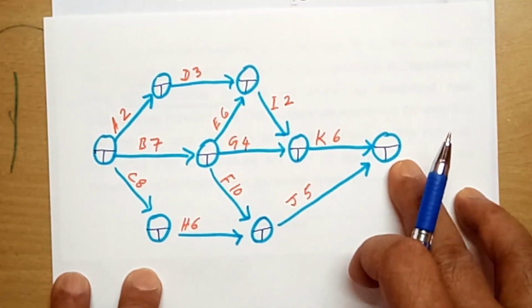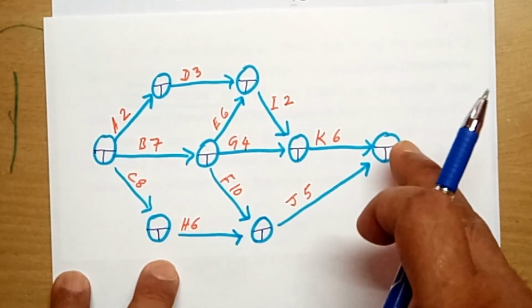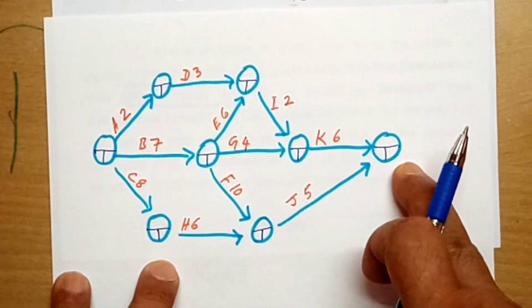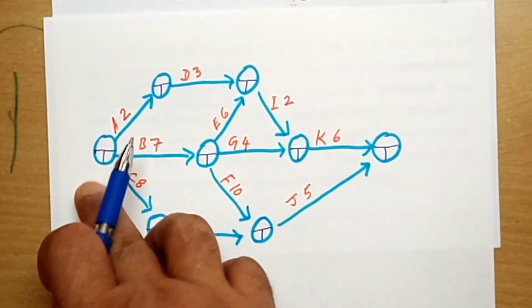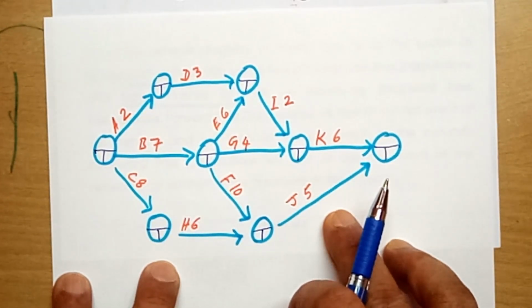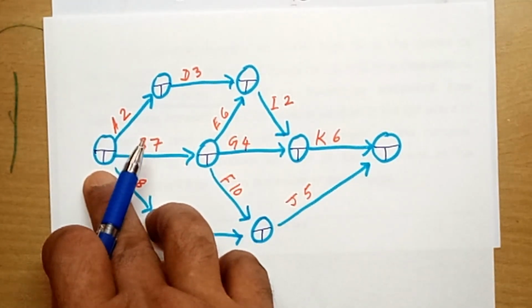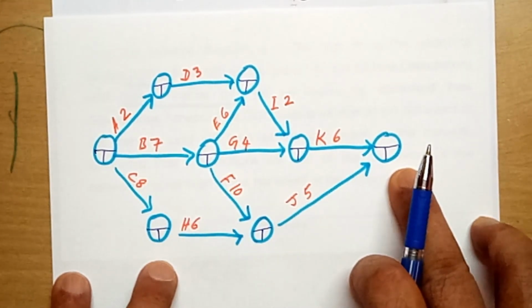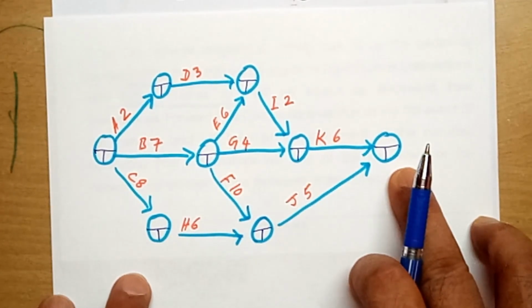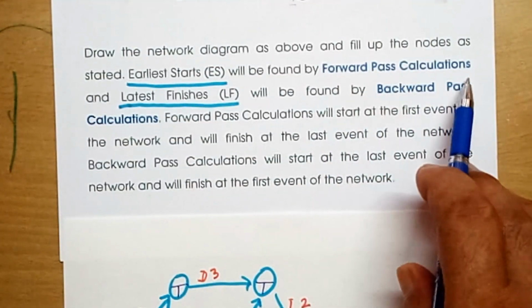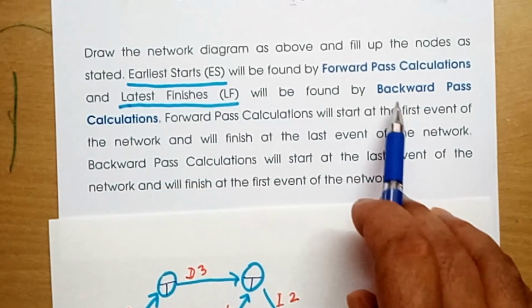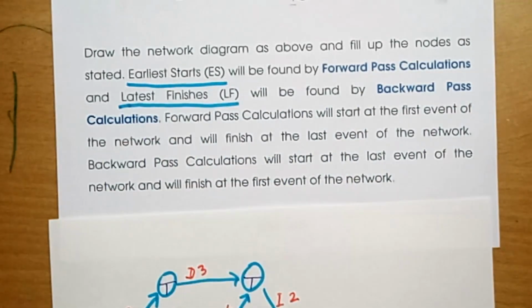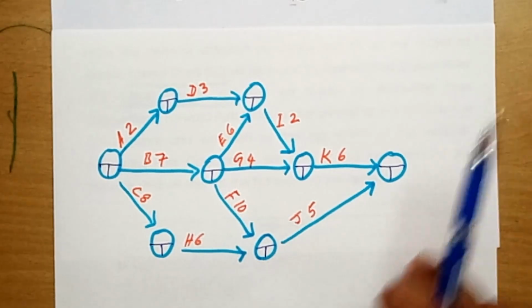So backward pass starts from the ending node of the project and finishes at the starting node, while in the forward pass, you start with the starting node and finish with the finishing node. So to find out earliest start of each node, we'll take up the forward pass calculation. By forward pass calculations, you find out earliest starts. By backward pass calculations, you find out latest finish. So let us do that.